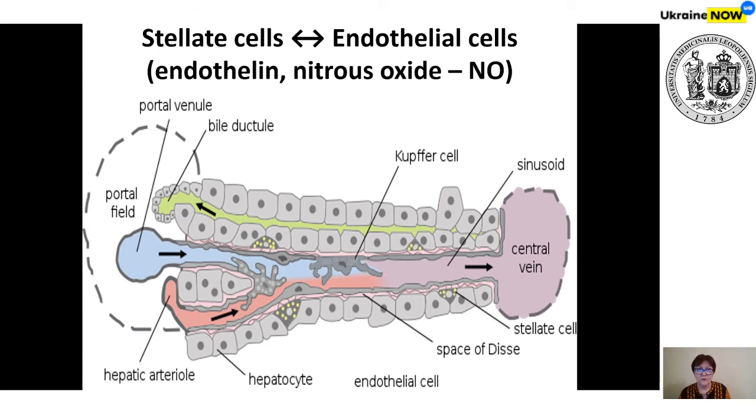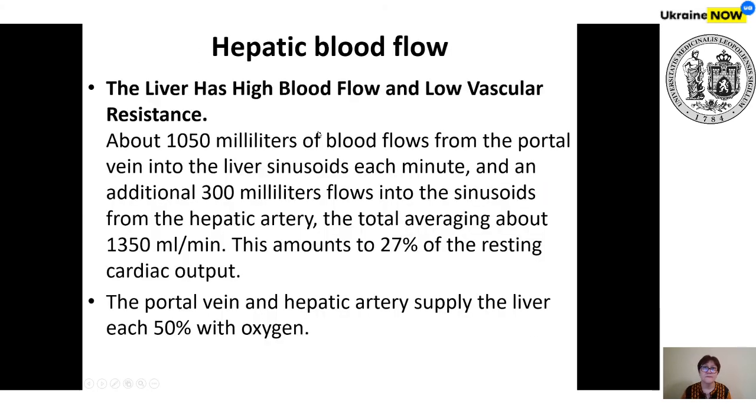Regulation of blood flow through the sinusoids is provided under the influence of endothelin and nitric oxide produced from epithelial cells and stellate cells, the wall of sinusoids.